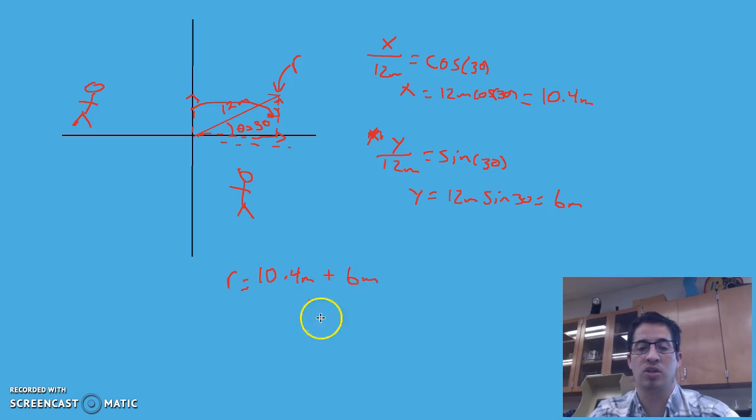What we use is something called unit vectors. We have i here, which represents a vector of unit 1 along the x-axis, and we scale it by 10.4. Then we have j for the vertical one, which represents a vertical vector of unit 1 that we scale up and down the vertical axis.